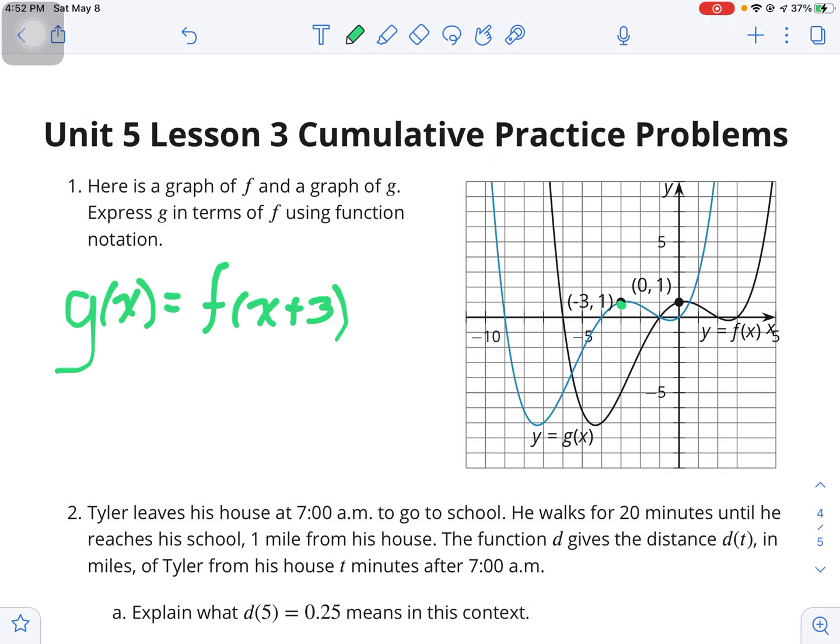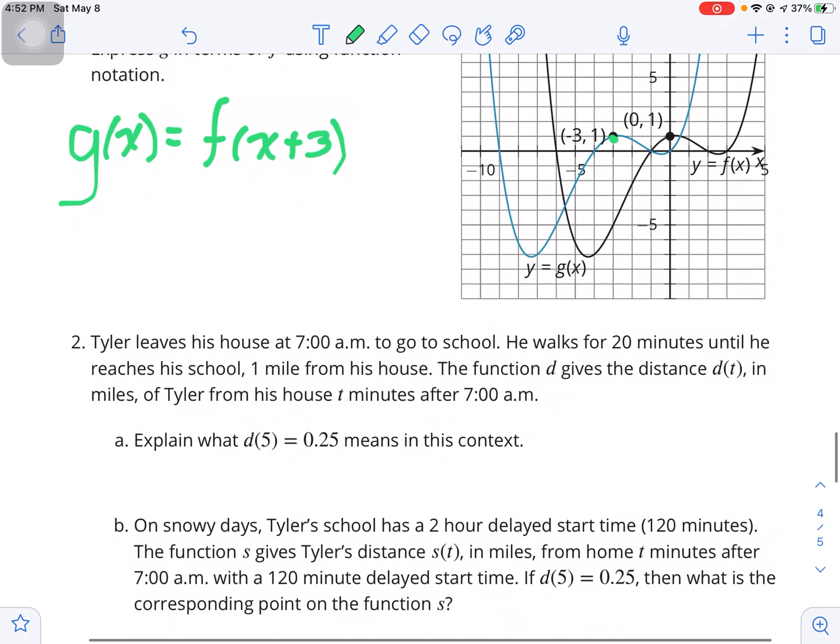Tyler leaves his house at 7 to go to school. He walks for 20 minutes until he reaches school 1 mile away from his house.